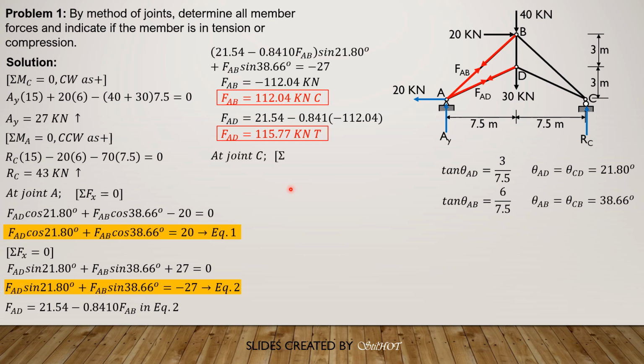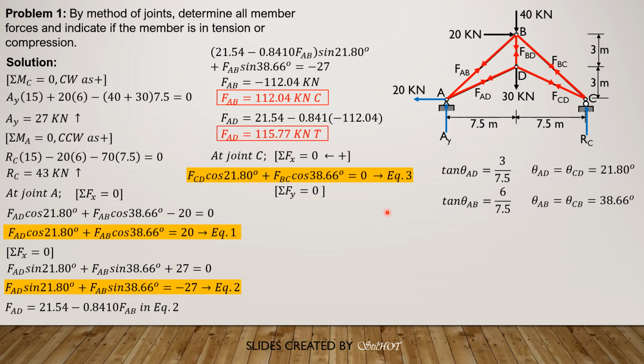Then we move to joint C. Joint C, summation forces X equals 0, considering leftward as positive this time. These are the drawings for the forces as our guide. So FCD cosine of 21.8 plus FCB cosine 38.66 degrees equals 0. Then summation forces Y equals 0.